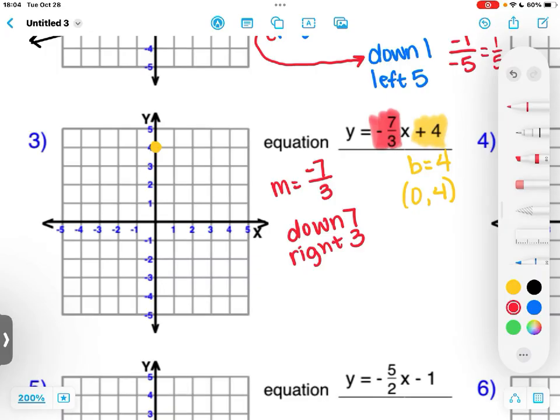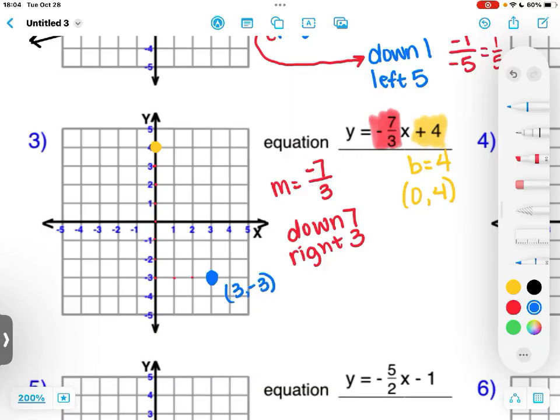So with this, down 7: 1, 2, 3, 4, 5, 6, 7. So I'm now at -3, and I'm going to the right 3 units: 1, 2, and 3. So I'm at this point, and I'll make this big too so we can really see it: positive 3, comma, negative 3.